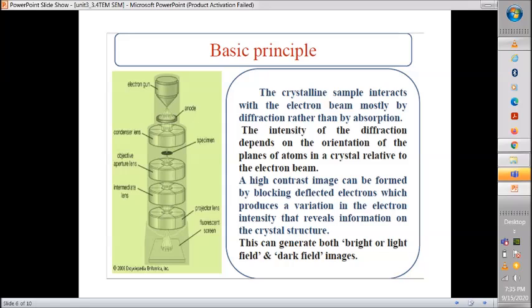A high contrast image can be formed by blocking deflected electrons, which produces a variation in electron intensity that reveals information on the crystal structure. Because of the deflected electrons we have the variation, and this can generate both bright field and dark field images.